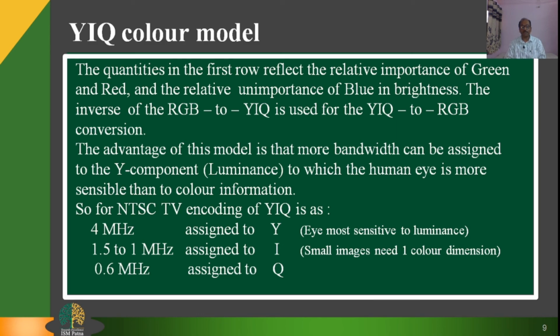So for NTSC TV encoding of YIQ, 4 megahertz is assigned to Y, 1.5 to 1 megahertz assigned to I, which is good for small images, and 0.6 megahertz assigned to Q. So these are the various bandwidths allocated to the different components to transmit the images on our TV screen.